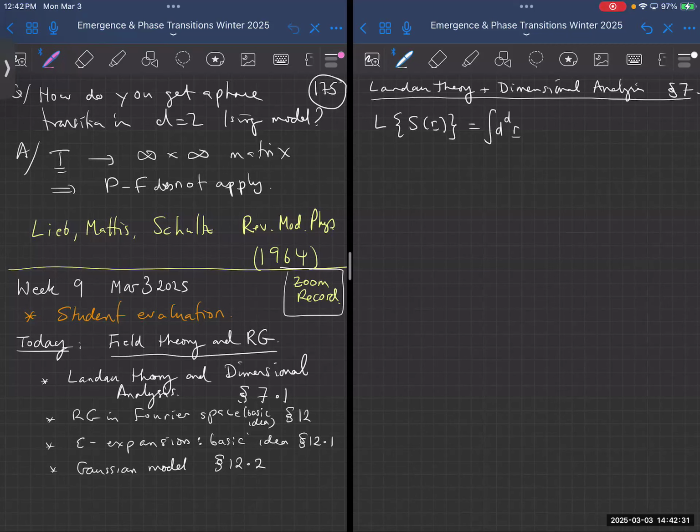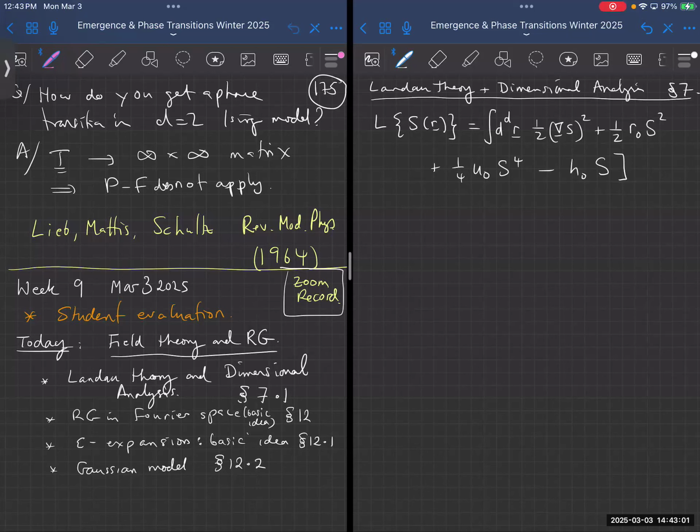So I'm integrating over the gradient term, which I'm going to write as 1/2 grad S squared, and then the uniform free energy density, 1/2 R0 S squared plus 1/4 U0 S⁴, and then a coupling to the field. I'll call that H0 times S.